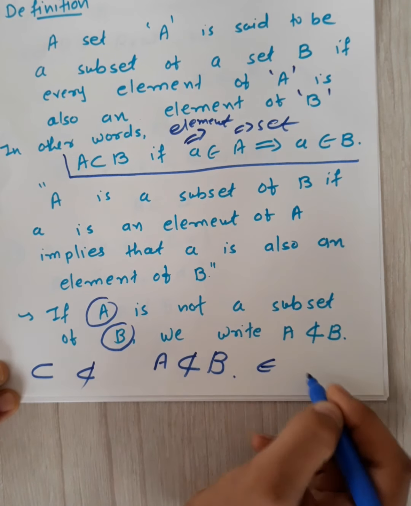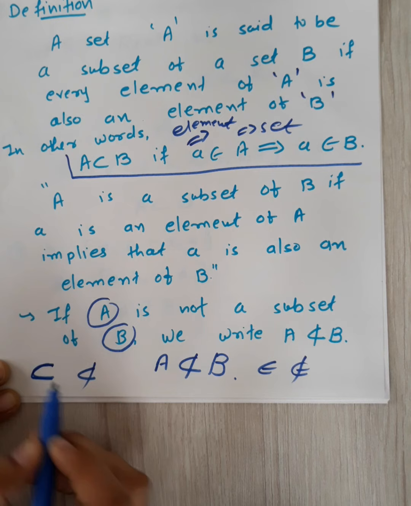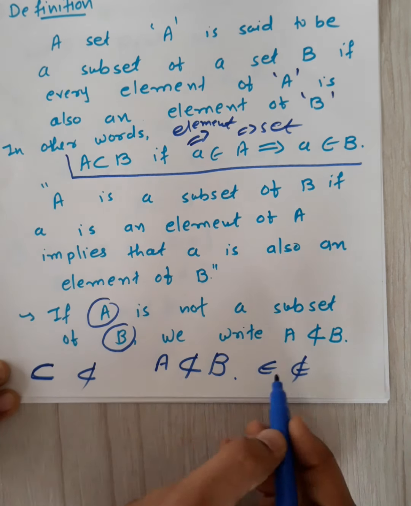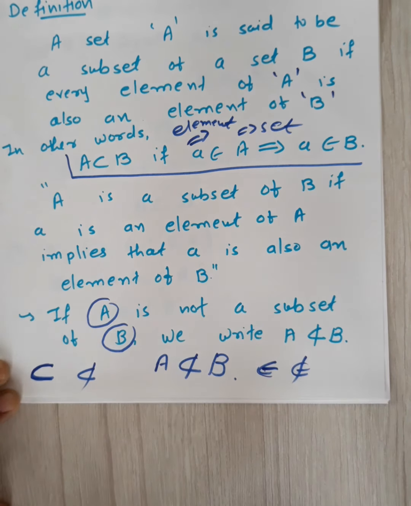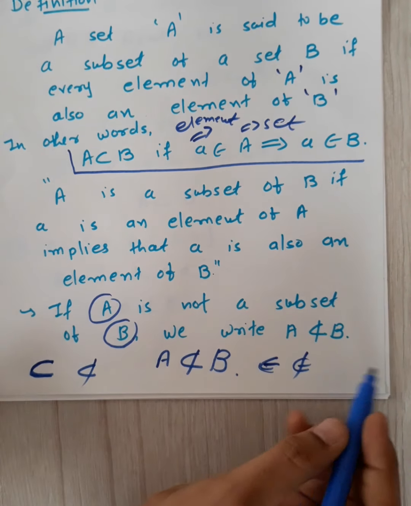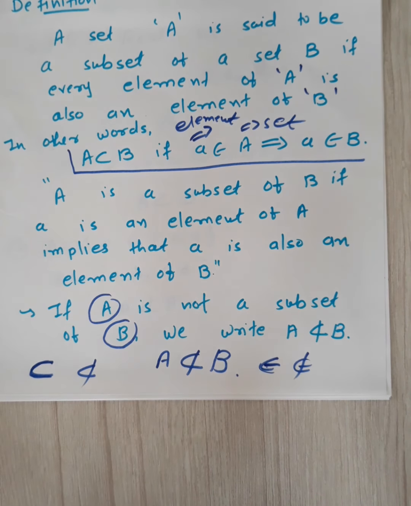This is belongs to, this is does not belong to. Belongs to has one line only, while subset has one more line in the middle. So belongs to, does not belong to; subset, not subset.